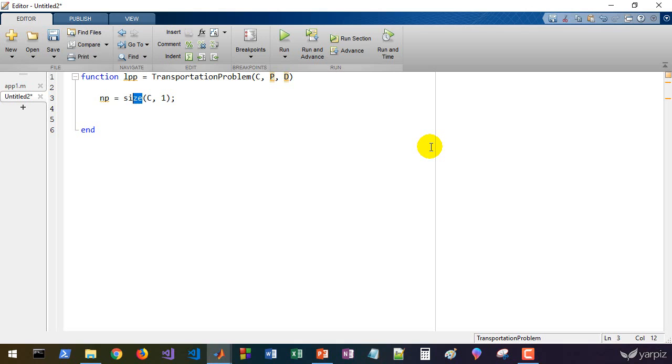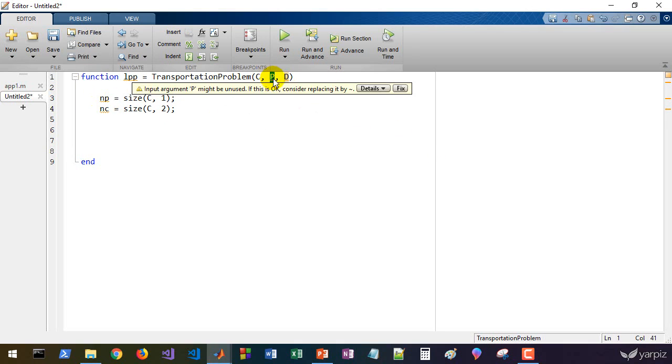We are calling size on C with the second parameter 1, which returns the number of rows of matrix C. And the number of consumers is the size of C in the second dimension, which returns the number of columns of the matrix C. And this NP must be equal to the number of elements in this vector, and this NC must be equal to the number of elements in this vector.